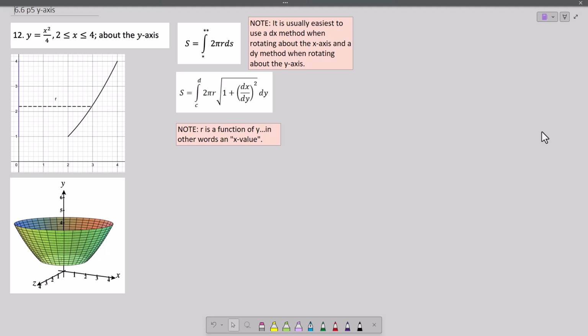But you could get a little more complicated if you want. Now the big difference here is that your ds is going to end up with a dy on the outside, so instead of dy dx, also known as y prime, we are going to have dx dy, also known as x prime. So instead of a y prime, we have an x prime in there.